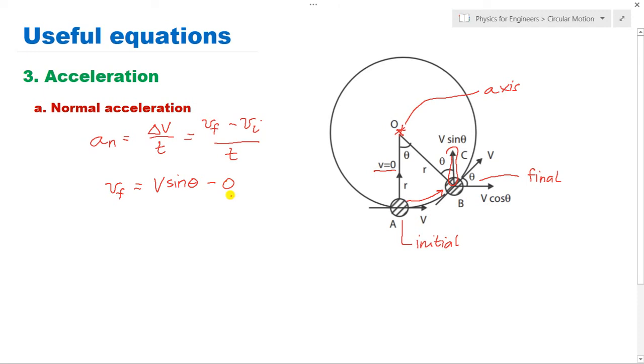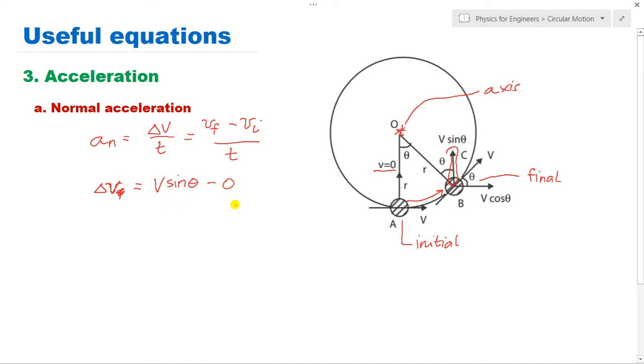Then we all know that the velocity, and delta v, this delta v is the v final, because the initial is 0, which is the initial velocity.